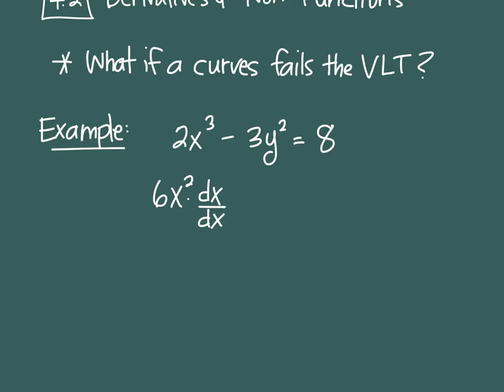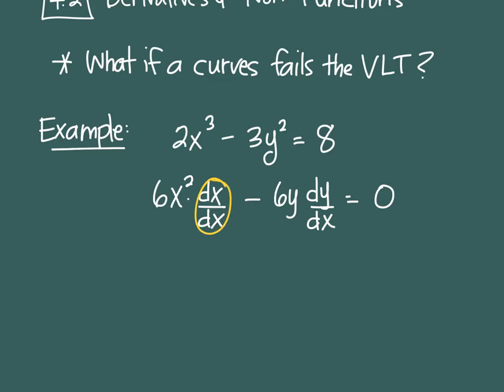And then minus, the 3y squared would be 6y, but it also would have dy dx. So every variable has its differential on it with respect to x. X is the axis that we're doing everything relative to, so just because one of them's dx dx doesn't mean the other one's dy dy. It's always dx regardless of what the variable is. And then the derivative of 8, of course, is 0 because it's a constant.